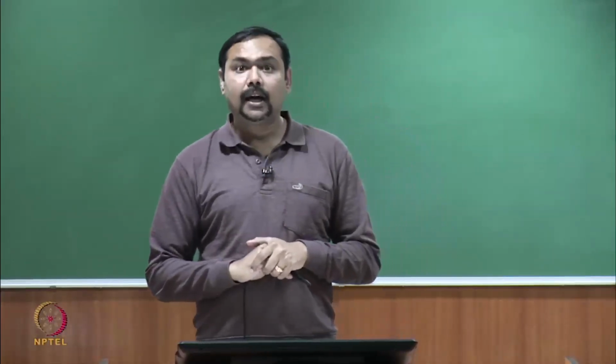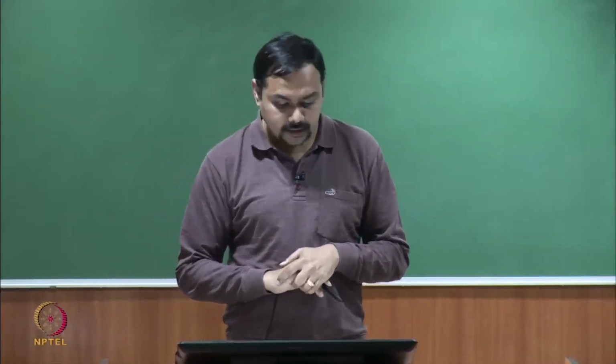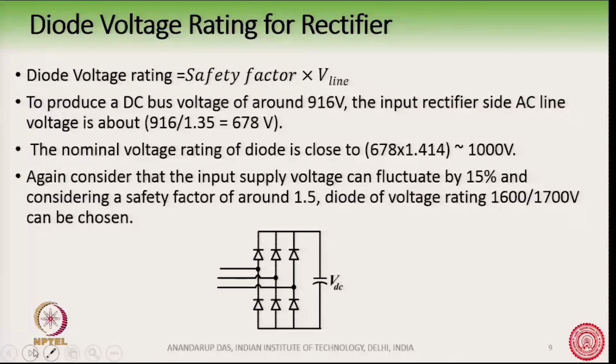Now, the other thing is the diode voltage rating for the rectifiers. So, we are now thinking about the input side diode bridge rectifier. Again, the diode voltage rating is the safety factor times the line voltage.